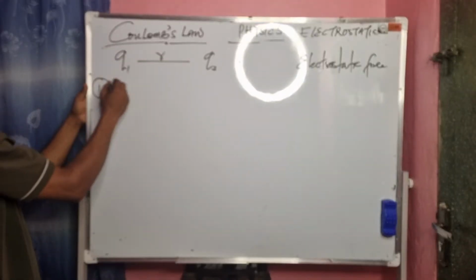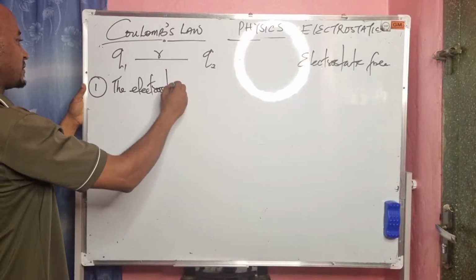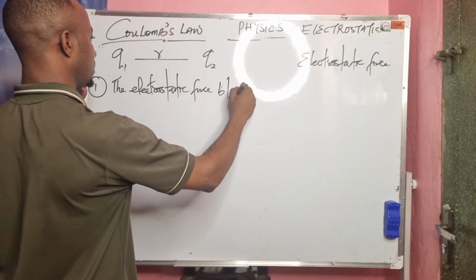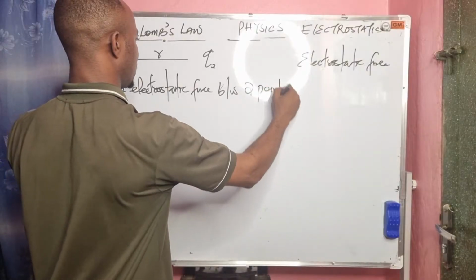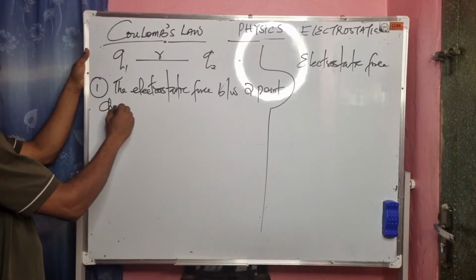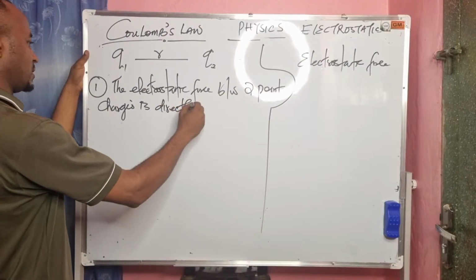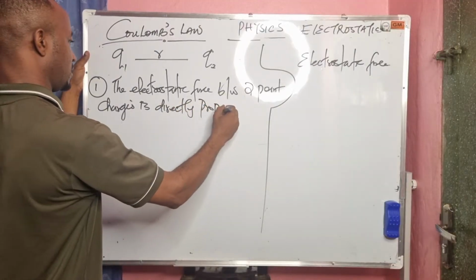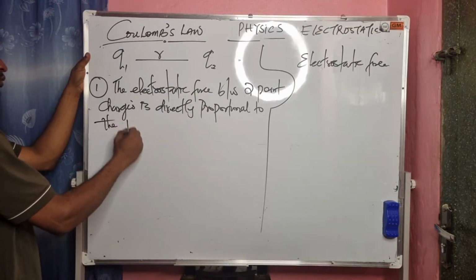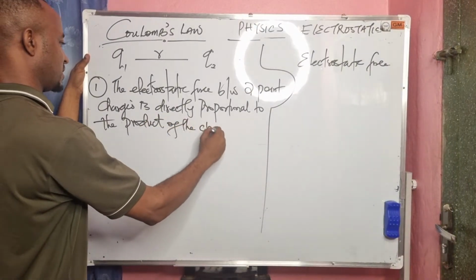The law says that the electrostatic force between 2-point charges is directly proportional to the product of the charges.